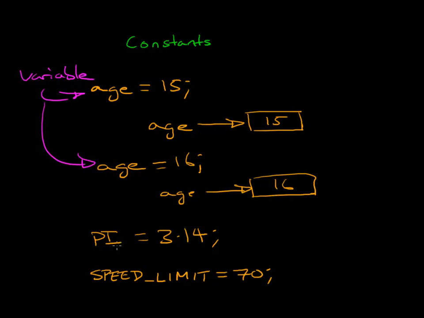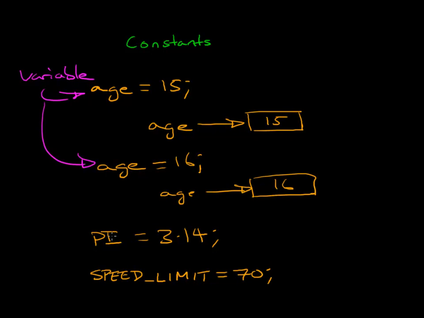Now one thing which you'll notice here is that by convention, when I'm making constants, I use capital letters all the way through and an underscore because I obviously can't use camel case in this case. So underscore for spaces and capital letters all the way through is the convention I use for constants.